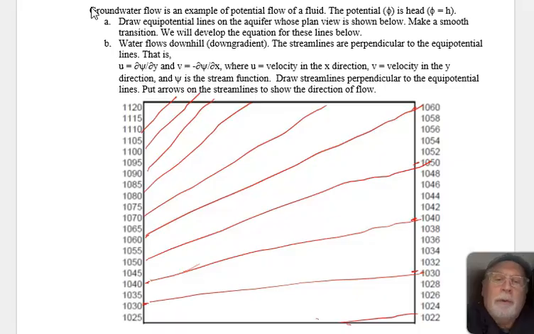So it's going to go from, it looks like I drew it kind of backwards. I went from low head to high head. With the streamlines, the groundwater is going to flow from high head to low head. So maybe I'll put one in up on top here, and I want to go perpendicular. I'll do these in blue, but to this line, and then perpendicular to that line, that line, that line.